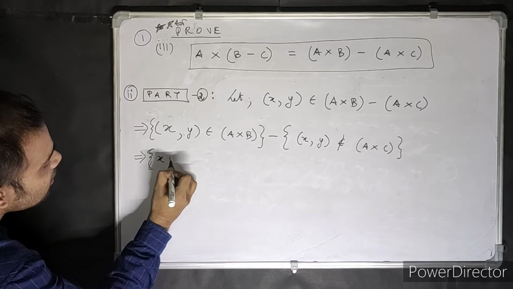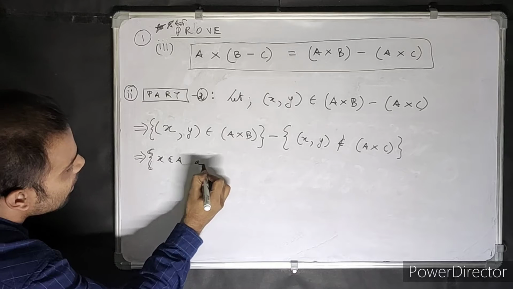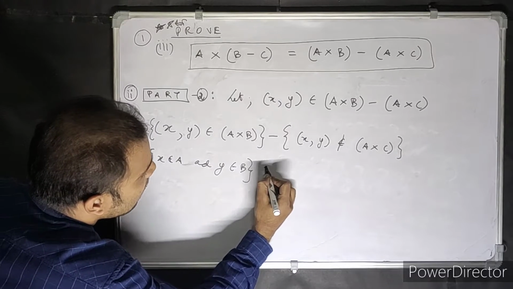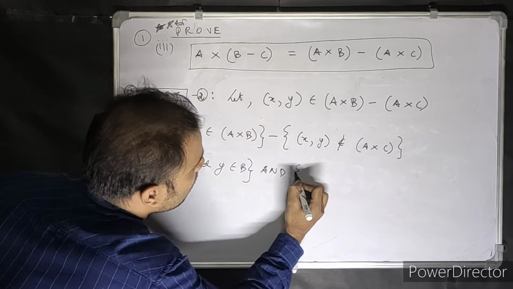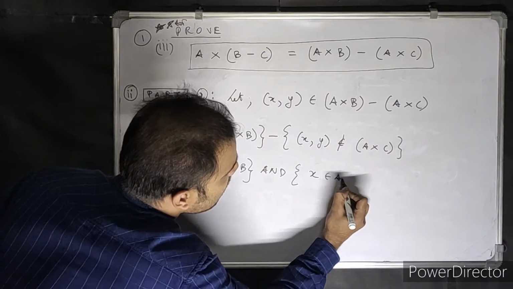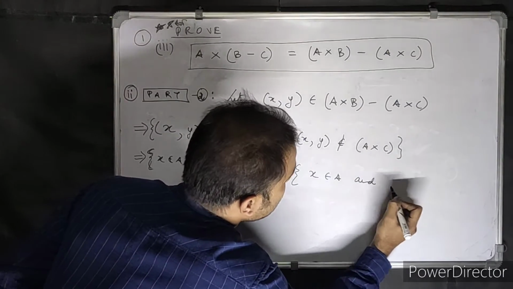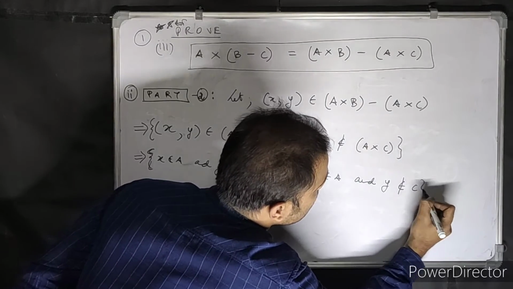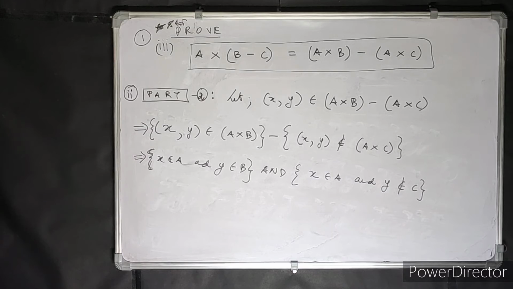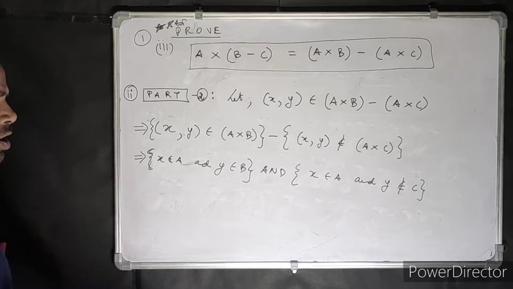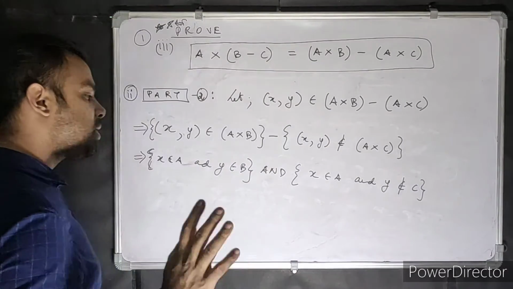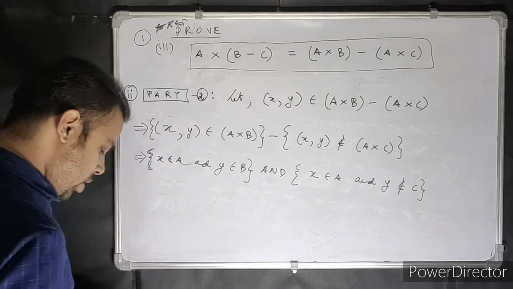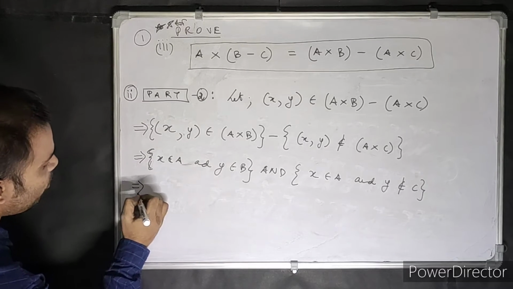This is x belongs to A and y belongs to B. Okay, and then write and, alright, x belongs to A and y does not belong to C. Okay, y does not belong to C. Now you can write a small and also. There are no restrictions. Okay, you can go ahead and do what you want.